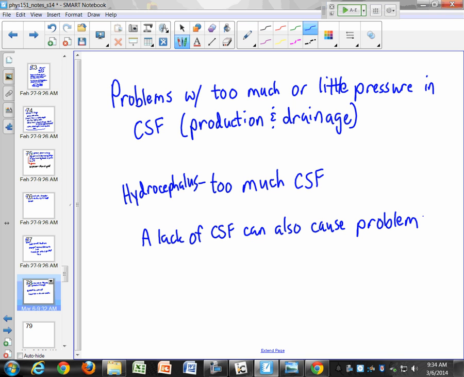What's a major problem that you could have if you didn't have enough CSF in your head? Yeah, so it would actually touch the side of your skull. Is that what happens in a concussion?